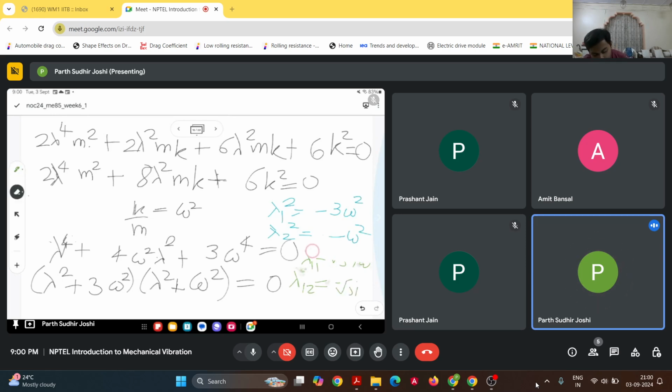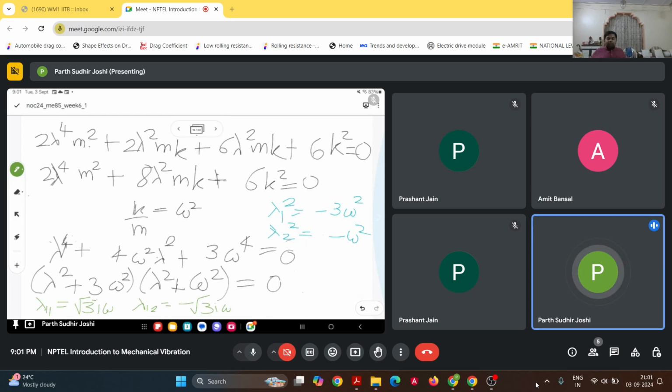Sorry for the bad handwriting. i is basically root of minus 1.